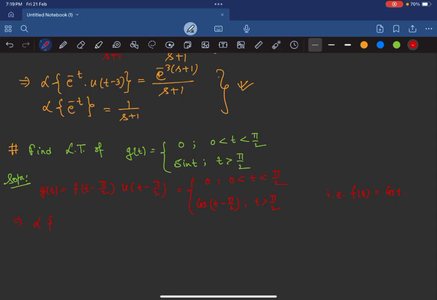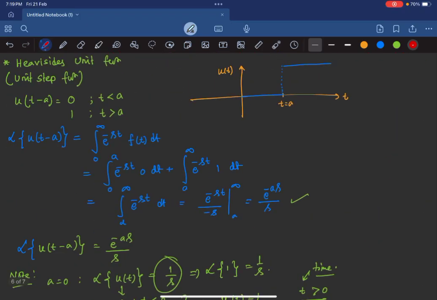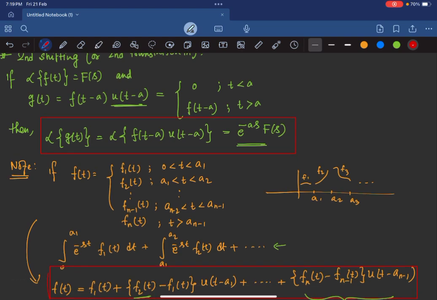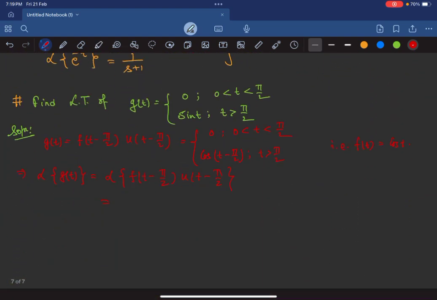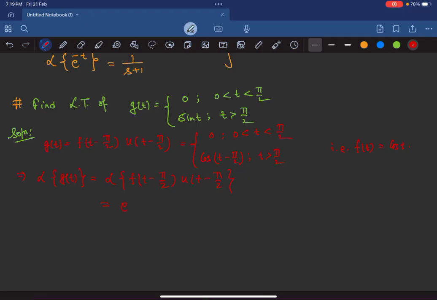Now if we apply the Laplace transform of the g(t) function, that is the Laplace transform of f(t - pi by 2) u(t - pi by 2). As per the previous formula, this one, e^(-as) F(s), so e^(-pi s by 2) F(s).